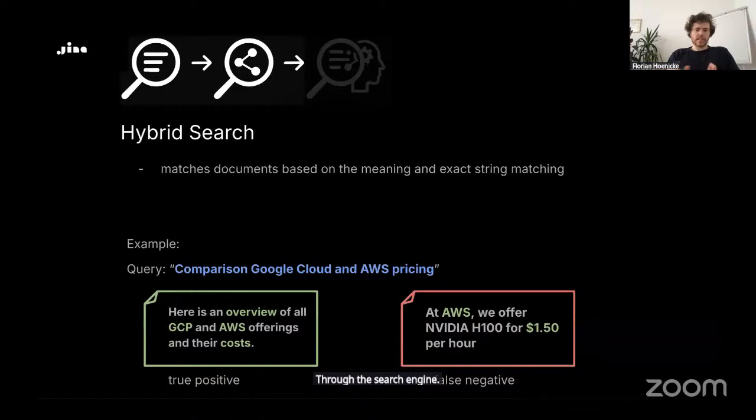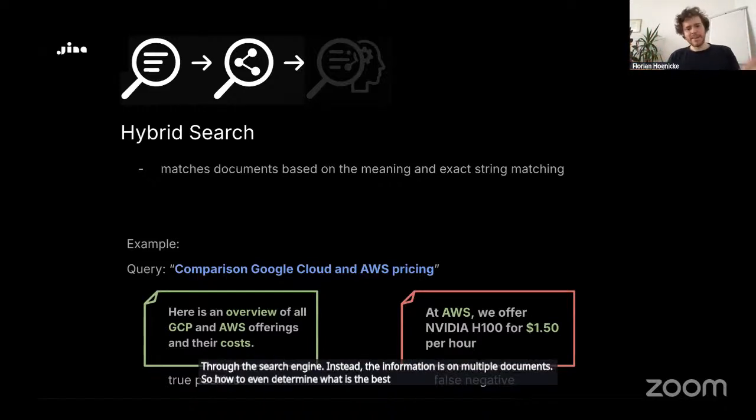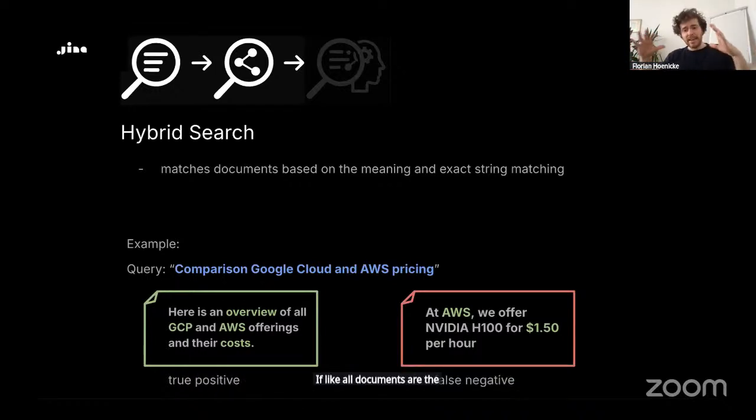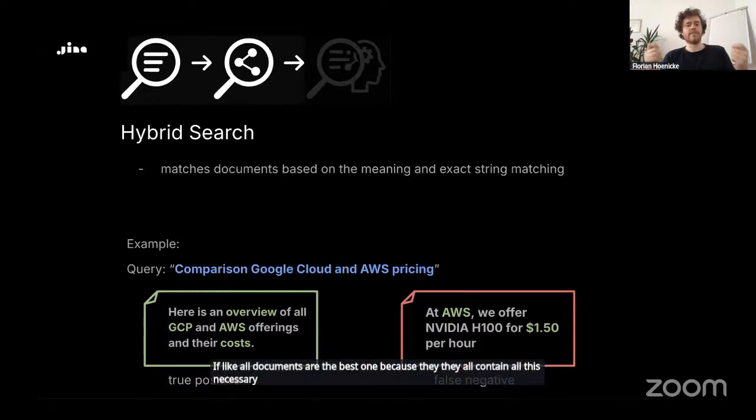Instead, the information is on multiple documents. So how do you even determine the best document from my database for that query, if it doesn't exist, if all documents are the best one because they all contain the necessary information to answer my query?